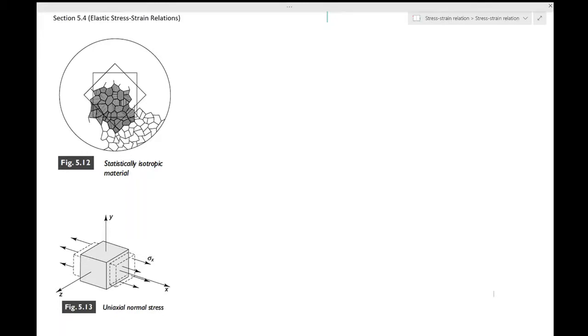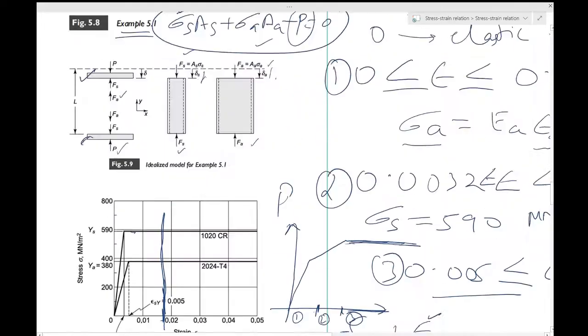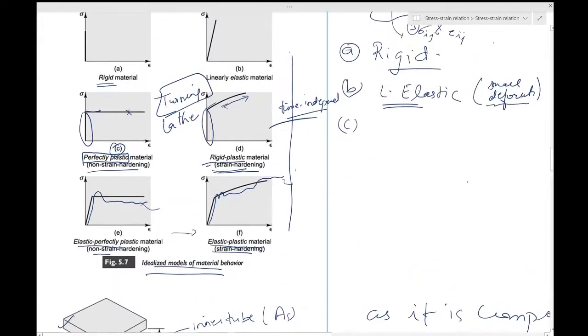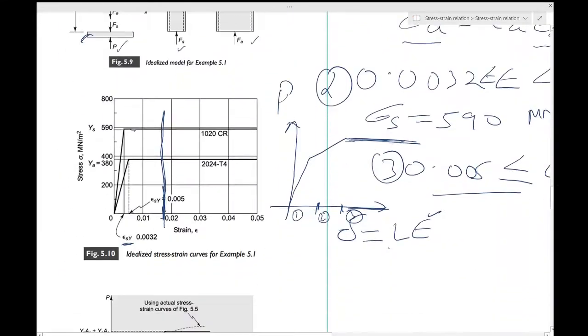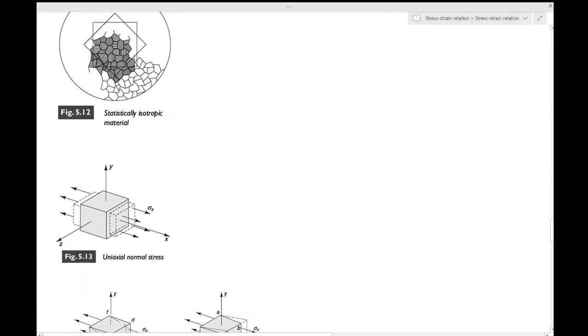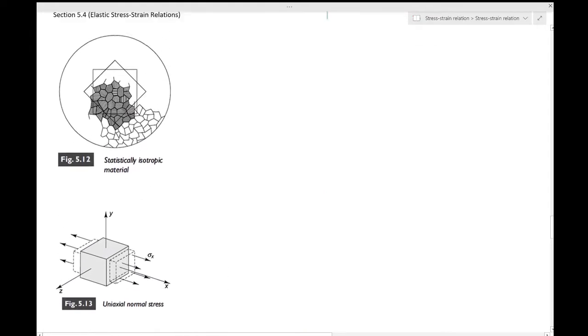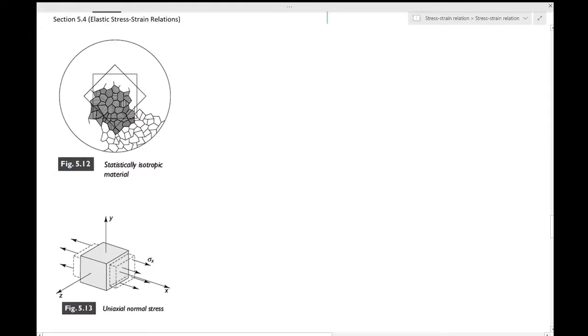Okay, so we will also restrict ourselves to materials which are linearly elastic, so that corresponds to this behavior. This one, 5.7b, this one. Okay, so the stress will linearly depend on strain, and one question which comes up is that in a three-dimensional situation, what does it mean to have a linear stress strain relationship?